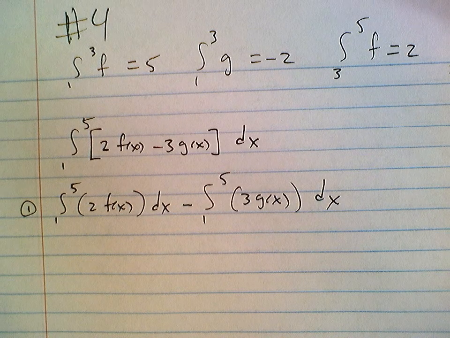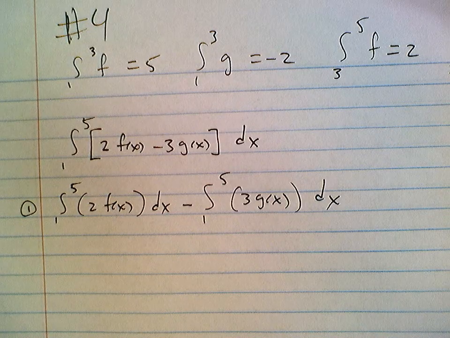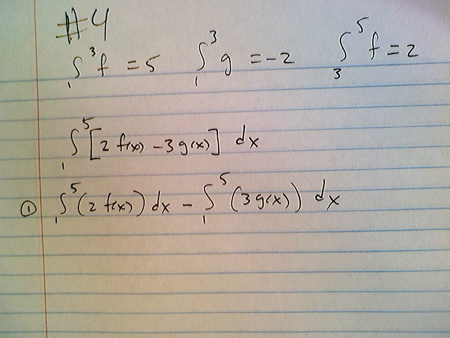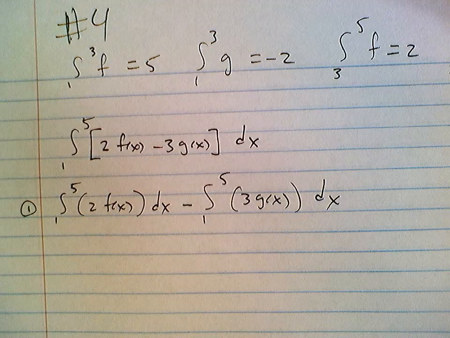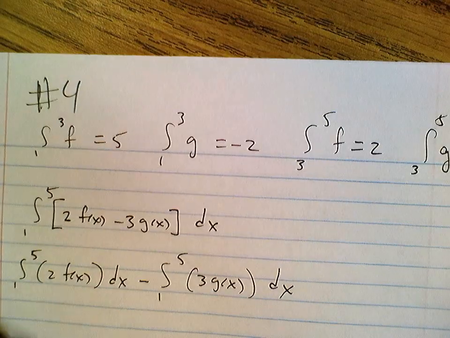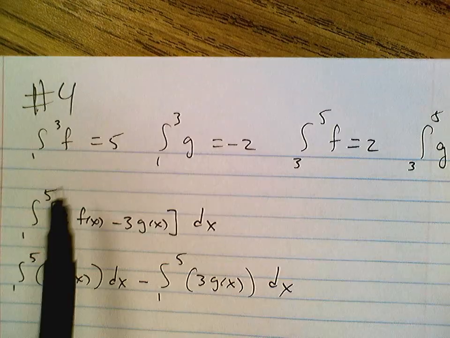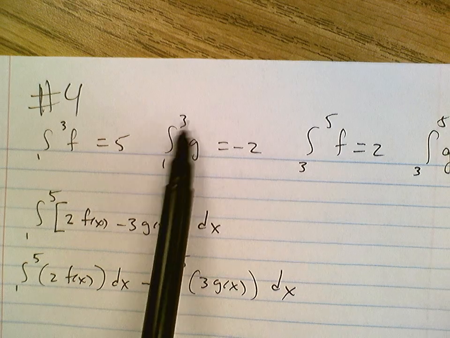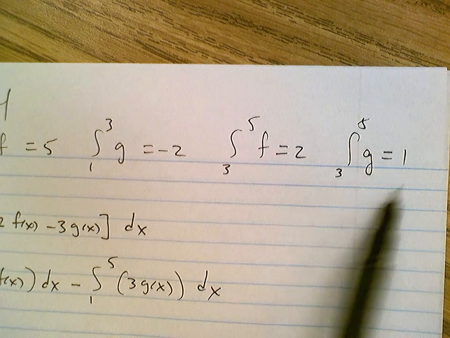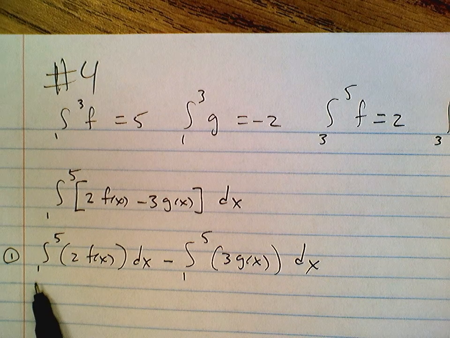Okay, this is what I mean by proper notation. Then I look at what I'm given. If you look at the endpoints of what you're given, it's 1 to 3 and 3 to 5, not 1 to 5.